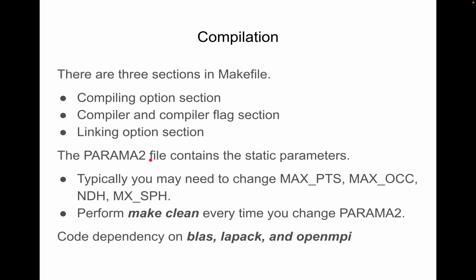Although there are roughly 40 parameters in this file, which may be a little intimidating at first, in a typical situation you may only need to change a few of the static parameters, so it shouldn't be as intimidating as the first look. Whenever you make a change to the parameter2 file, don't forget to run make clean before recompiling the binary.